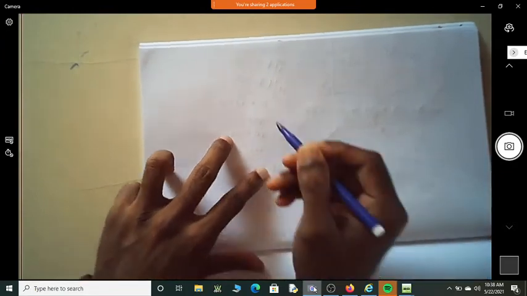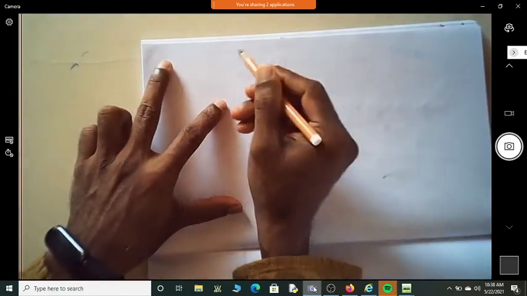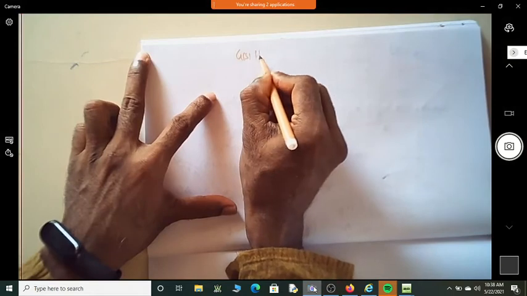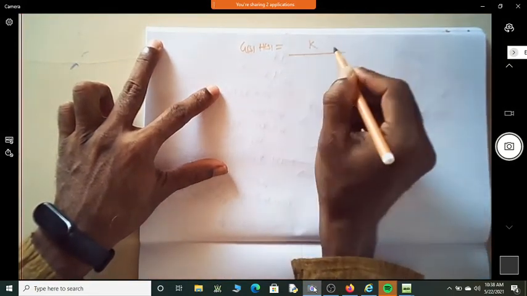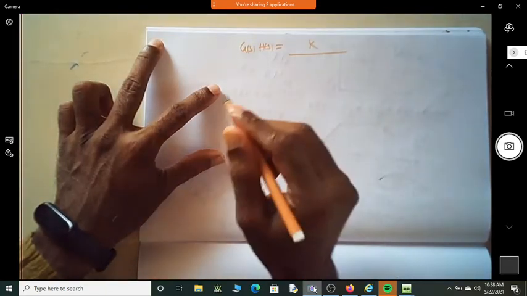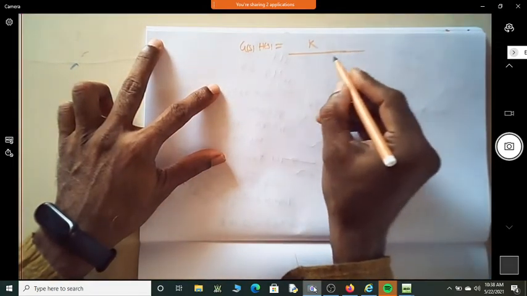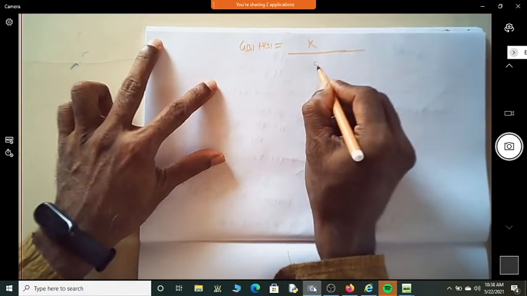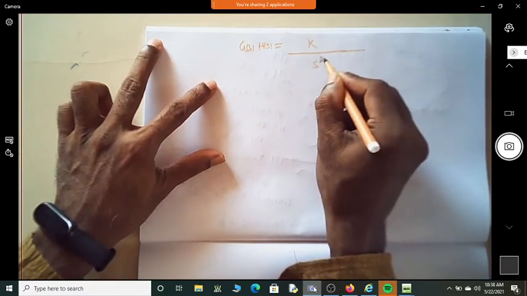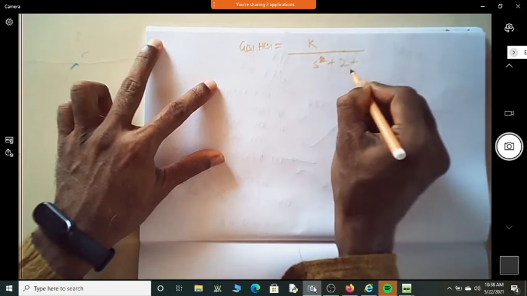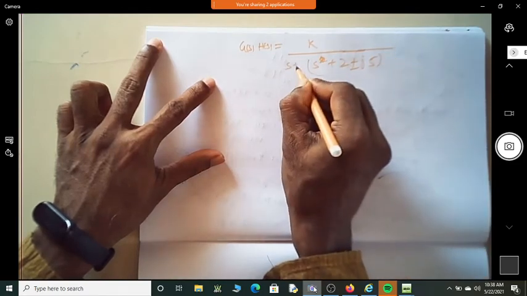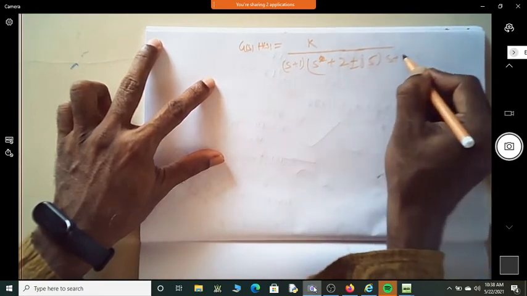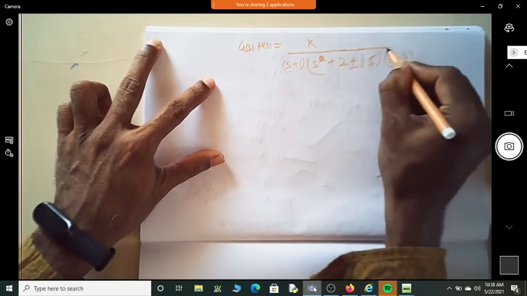G(s)H(s) is equal to K by, okay, just write it as (s plus 2 plus j5)(s plus 2 minus j5), and this is (s plus 1)(s plus 4).